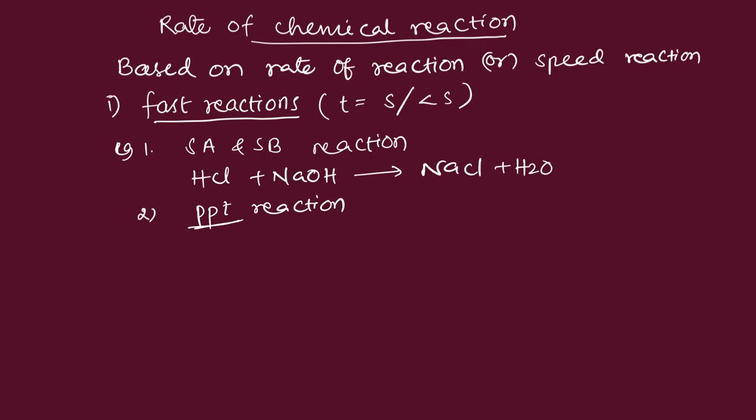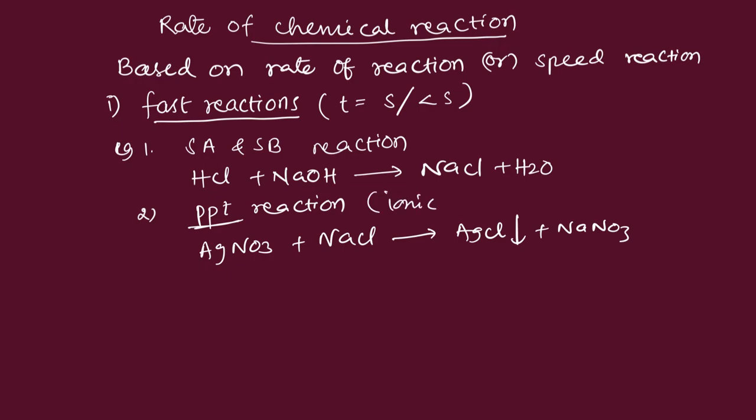One example is AgNO3 plus NaCl converts into AgCl precipitate plus NaNO3, and it is also known as an ionic reaction. Ionic reactions are generally faster than covalent reactions because there is just an exchange of ions. That's why these reactions are very fast.